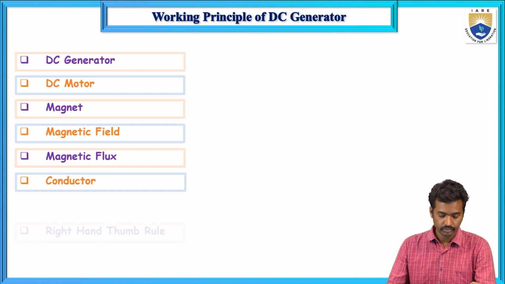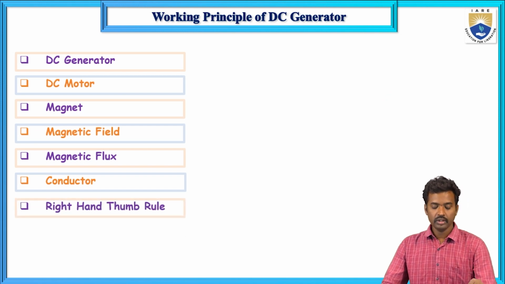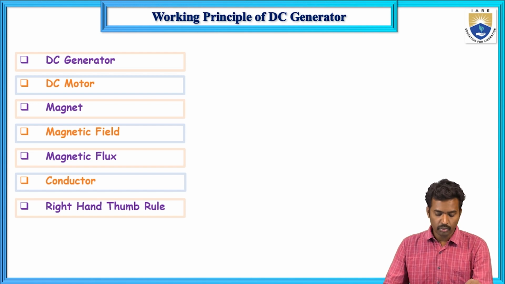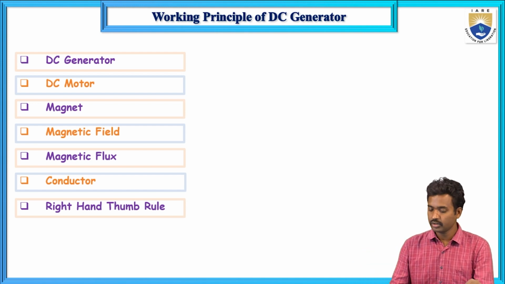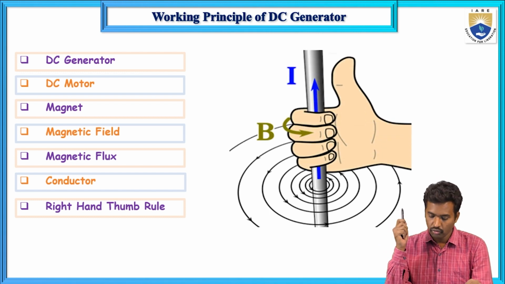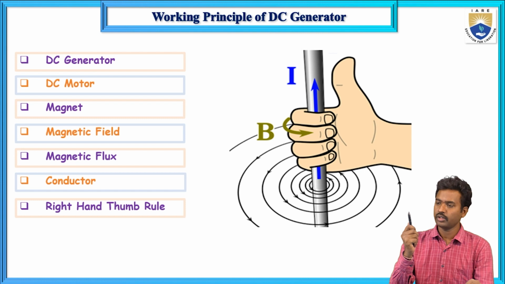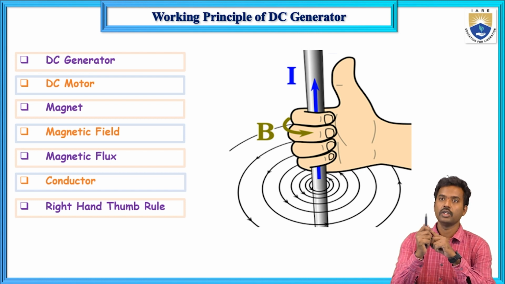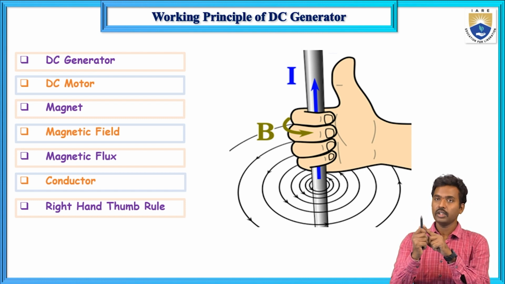Next, right hand thumb rule. Hold the conductor in your right hand like this. This is the conductor, and the current direction is like this.